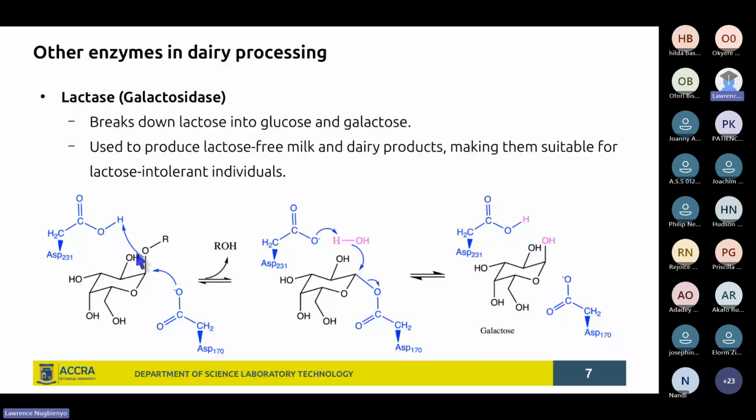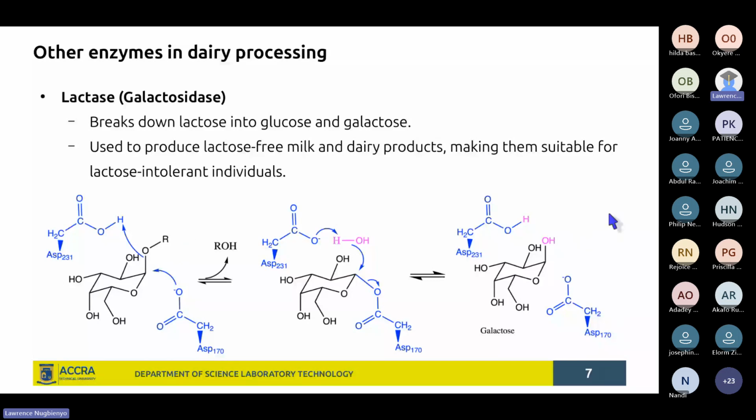And then you have the aspartic acid at the 231st position also acting as an acid, acting on a water molecule, deprotonating it, and causing the hydroxyl group from the water to bind onto the position where the side group of that galactose molecule was removed, so that now you have a full galactose molecule at the end. And then the other chain, if it's glucose, glucose will be there.